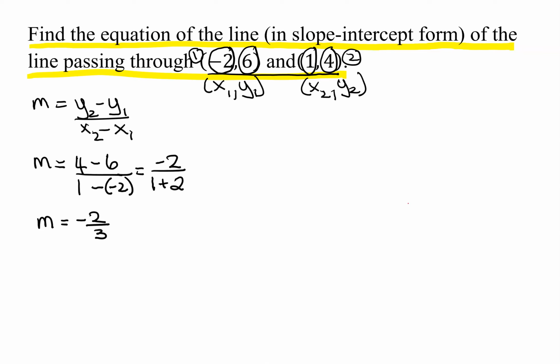So now we're ready to find the equation of the line, and I'm going to use the point-slope form of the line, which is y minus y sub 1 equals m times the quantity x minus x sub 1. So I'm going to use the slope that I just found and the coordinates of my first point.